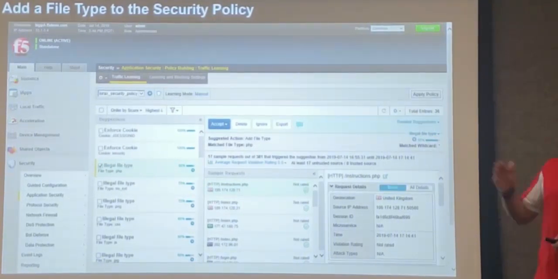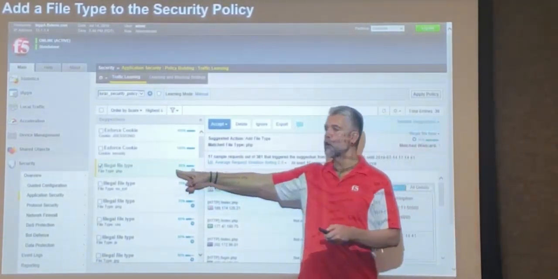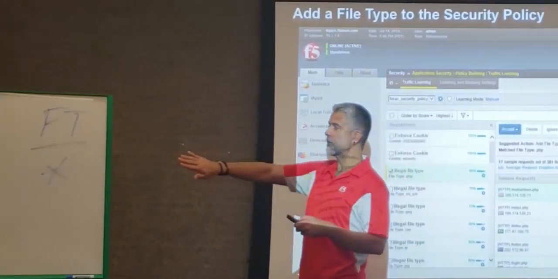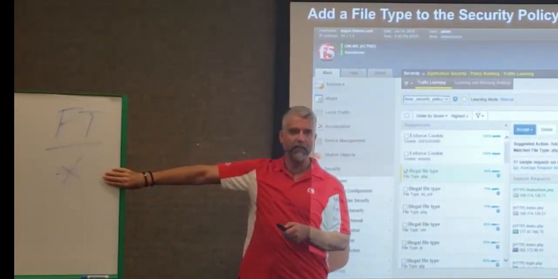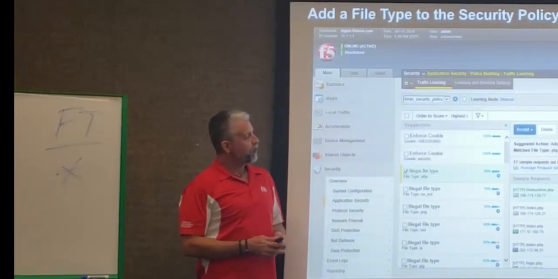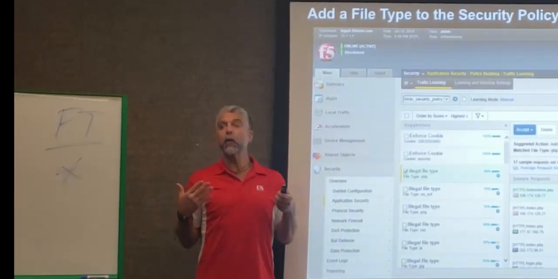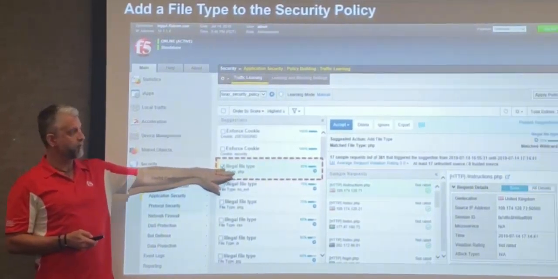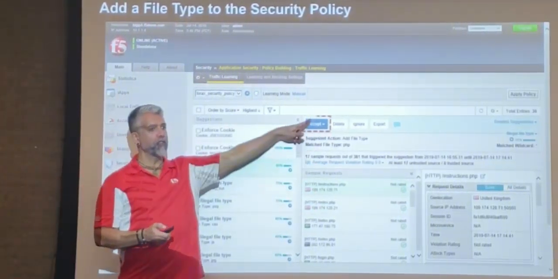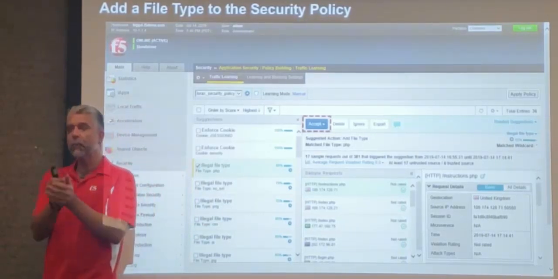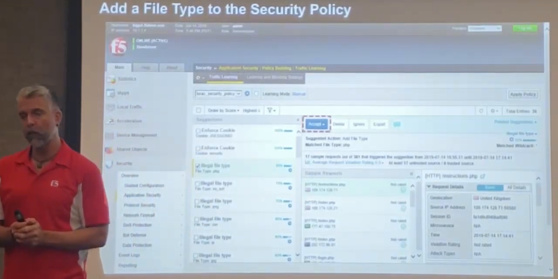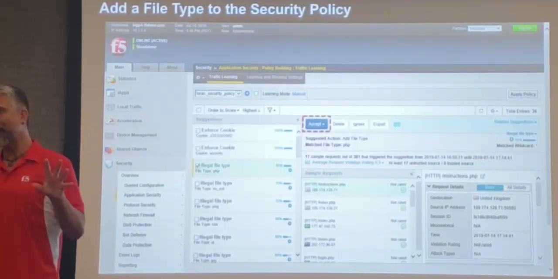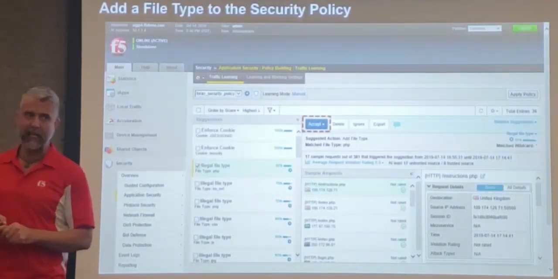So I've now decided I want to add the PHP file type to my positive security model, meaning I want to add it to this whitelist. So again, I feel like we make this very easy in ASM. I can select the entry, and over here on the right, we have this accept button. This button is incredibly important to understand what this does. Let me first explain what it does, and then I'll explain how people can make a mistake.